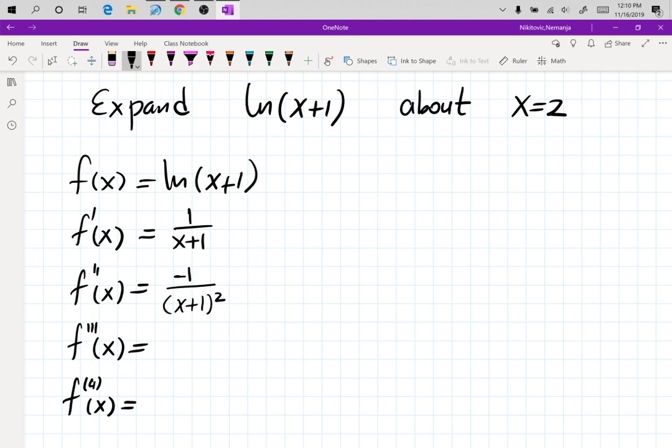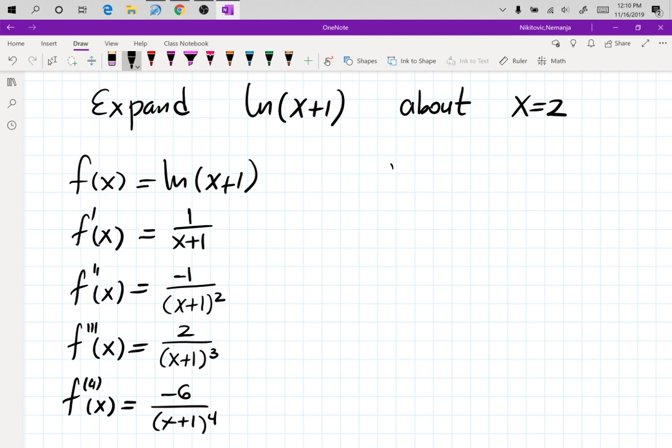So now it's going to be positive 2 over x plus 1 cubed, and then a negative 6 over x plus 1 to the 4th. Are we all matching here? So these are our derivatives. You're just using the power rule. You can use the chain rule, the power rule. If you want, you can use quotient.